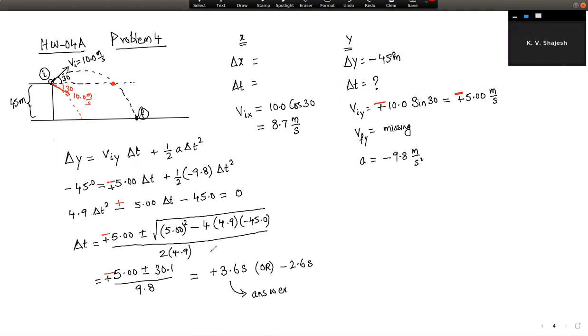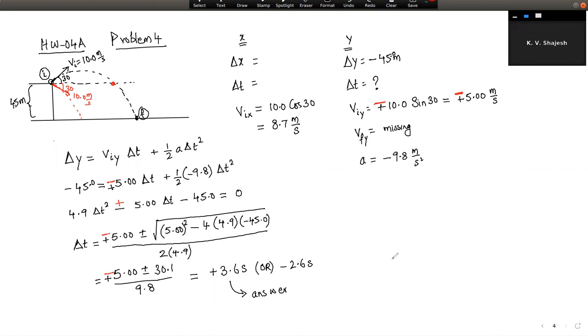And the only difference is that now there are two answers. There is -5 minus 30, so that's 35. So there could be minus 3.6 seconds. So let me see, there are two answers now.